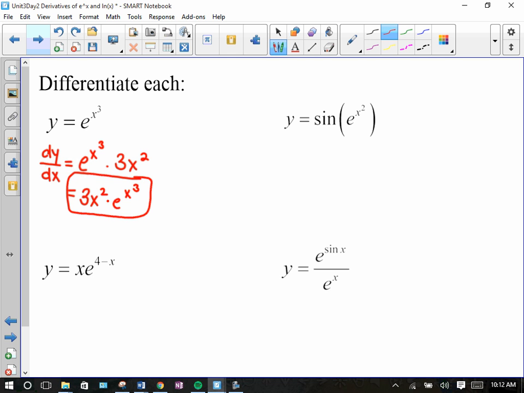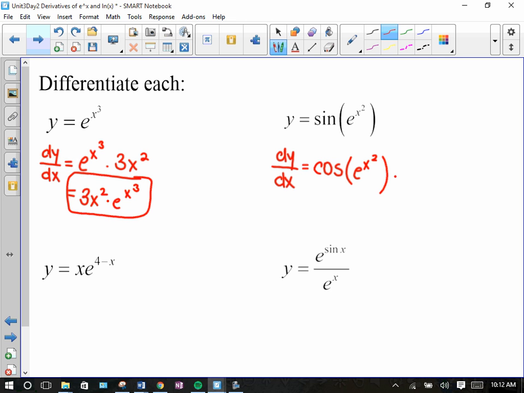Alright, let's look at this problem. I want to find dy/dx. You start from the outside and work your way in. So what's on the outside? It's going to be cosine of e to the x squared, times the derivative of e to the x squared. What's the derivative of e to the x squared?